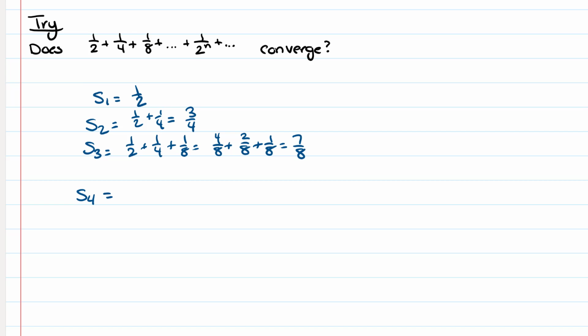The sum of the first four terms is 7/8 plus 1/16, which is 14/16 plus 1/16, which is 15/16.